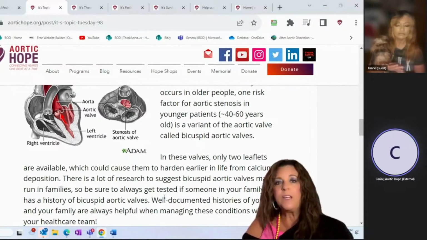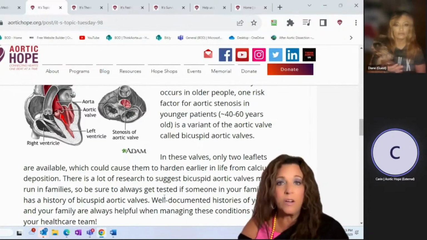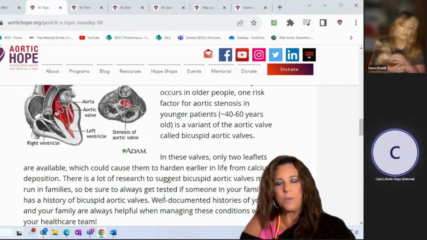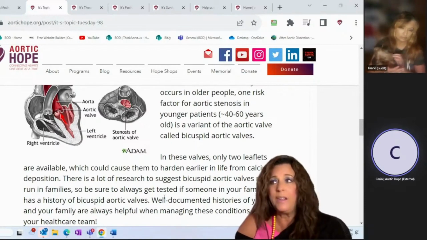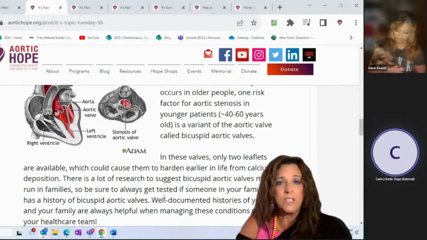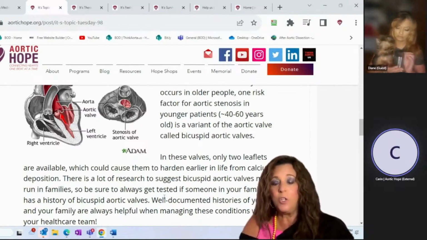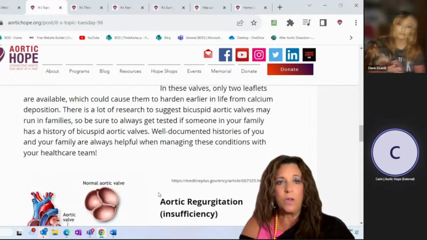And what we're hearing is that it is going to be widely accepted that bicuspid valves are genetically involved. So be sure to get tested if somebody in your family has had a history of bicuspid valve. Just get an echo or scan, to see what kind of valve that you have. Well-documented histories of you and your family are always helpful when it comes to managing any kind of condition regarding the aorta with your healthcare team.